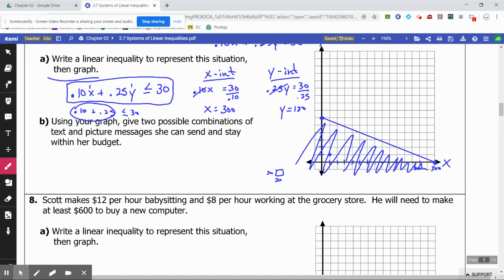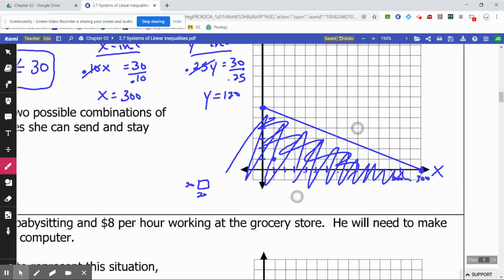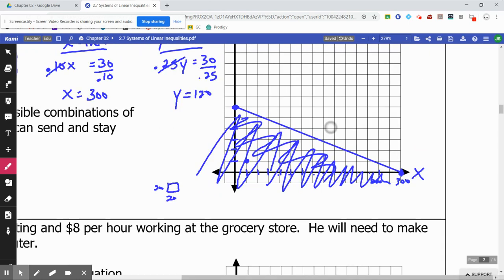So the next part says, using your graph, give 2 possible combinations of text and picture messages that she can send to stay within her budget. So actually anything on this side would stay within her budget. So let's get as close as we can, because we want to send as many as we possibly can. Let's pick a point right here.